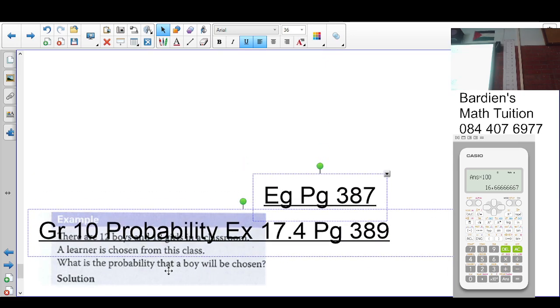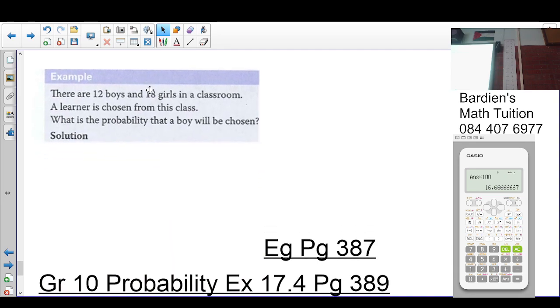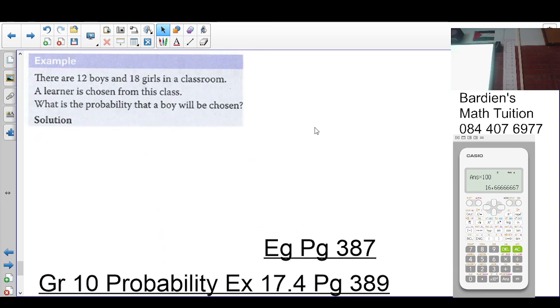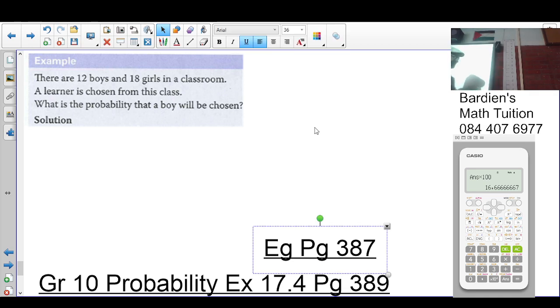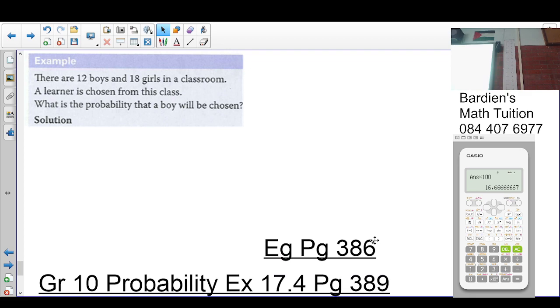Right. Let's look at the next question. This is on page 88. So here we are told that there are 12 boys and 18 girls in the class.